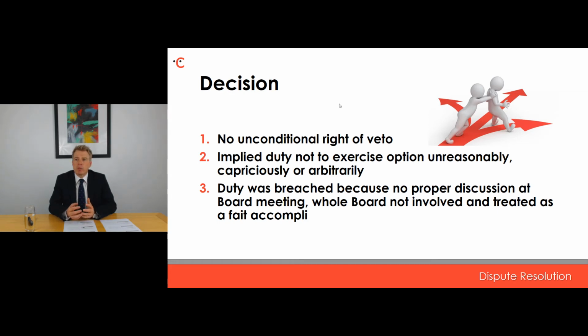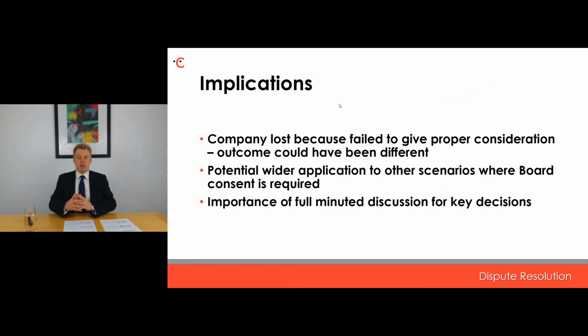The whole board hadn't been involved in the decision-making process, and they hadn't been given all the relevant information. It was treated as a fait accompli, and Watson's claim under the share option was rejected without having a proper hearing. The court went on to decide that had there been a proper consideration of the claim, then it would have been granted, and Watson won the case as a result.